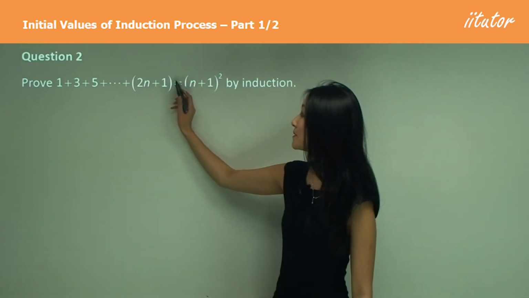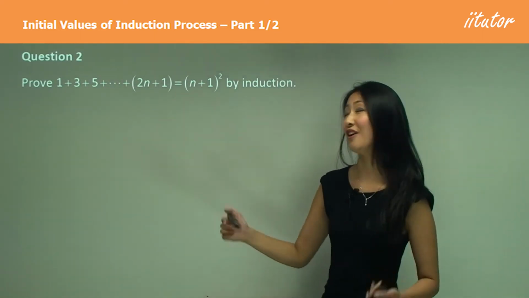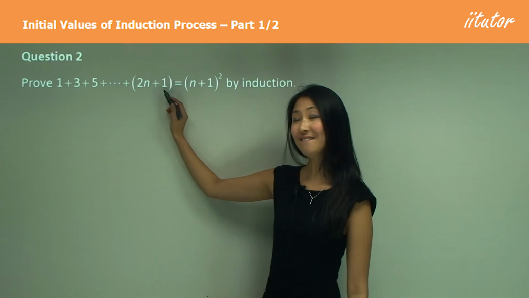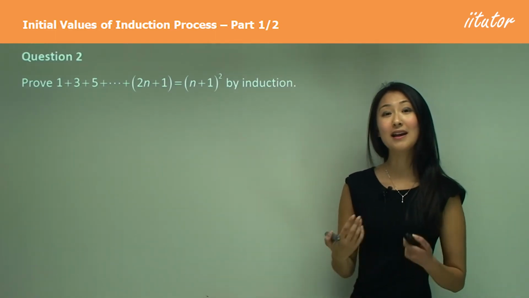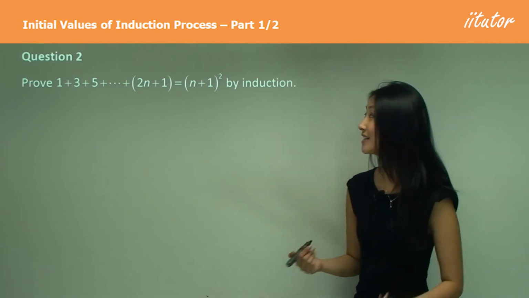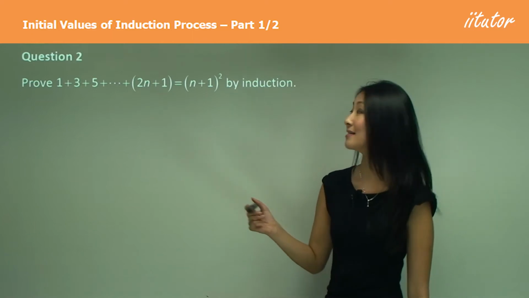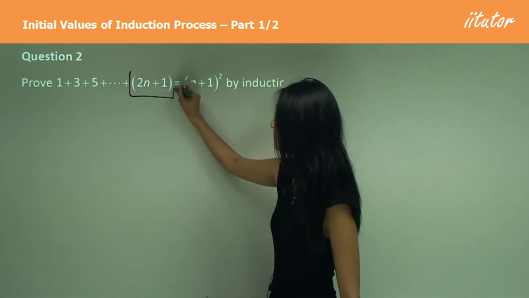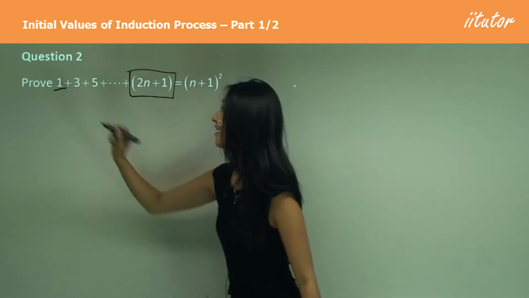So this represents the first, the second, and every single term in that. Okay, now what I want you to work out is what is the initial value of n to get the first term. And remember how we do that is firstly by considering the general equation and then the first term.